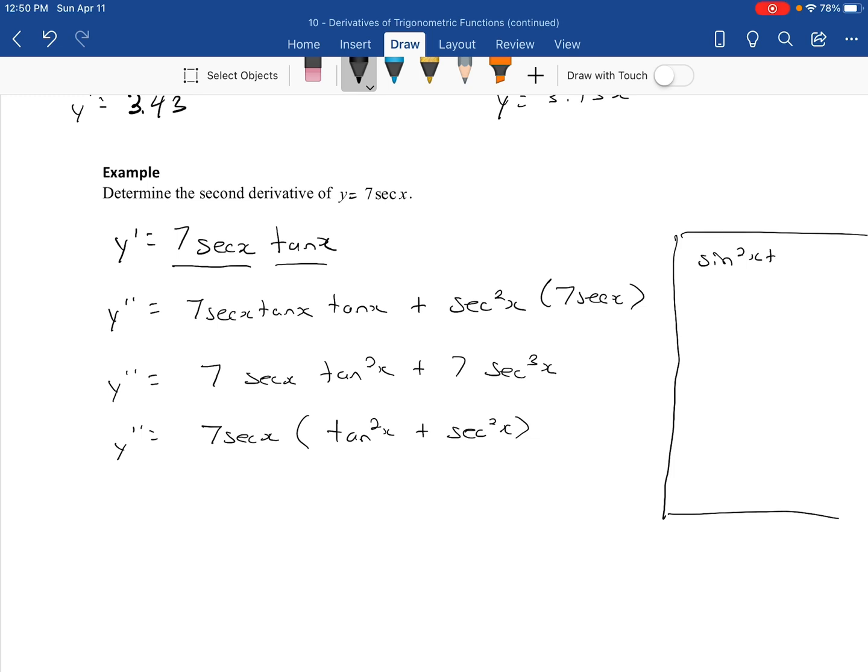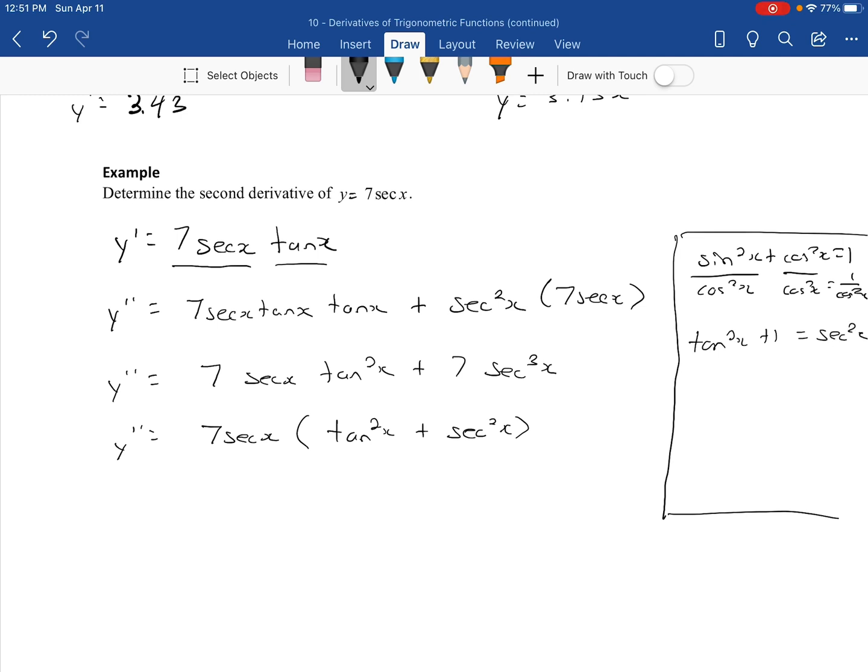Sine squared plus cos squared equals 1. You can create a new identity, which you'll often see in trig toolboxes, that relates secant and tan. It comes from dividing everything by cos squared. So I'm going to divide every term by cos squared x, and what I get is tan squared x plus 1 equals secant squared x.